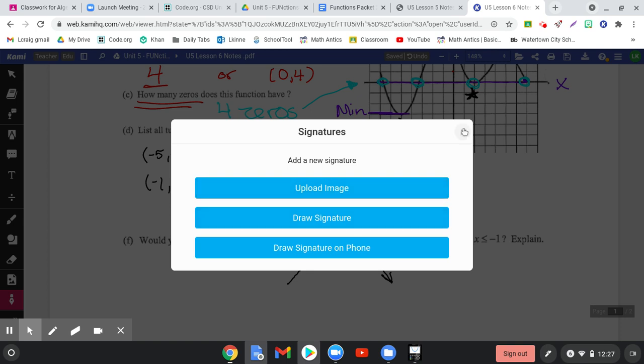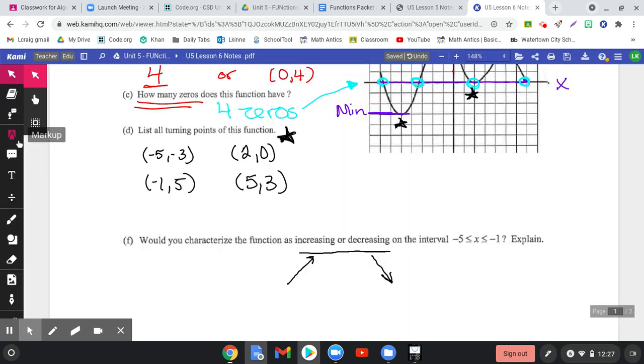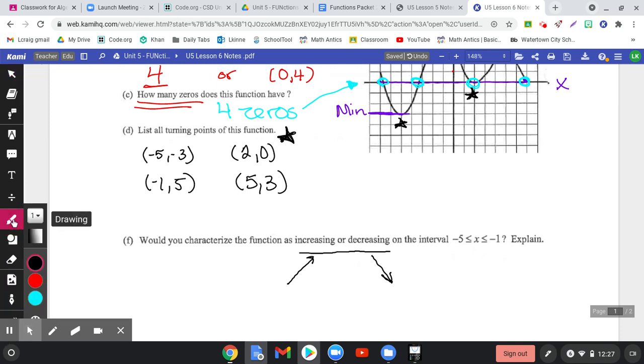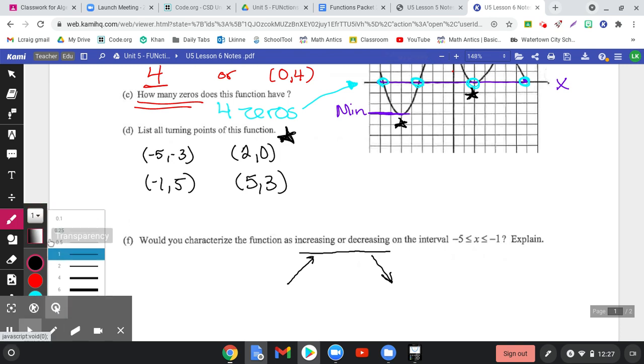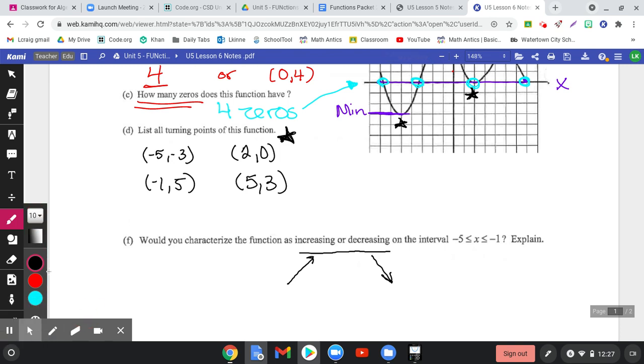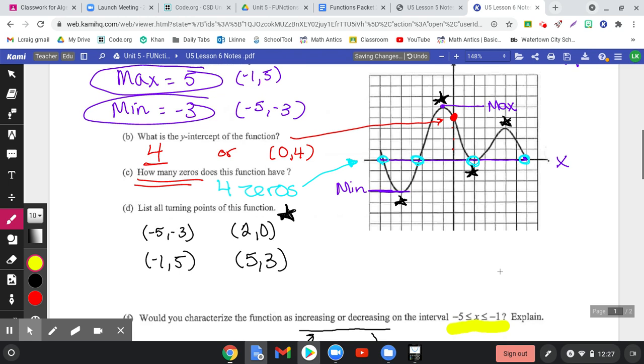Let me change up the color again. All right, so I want to look at between -5 and -1 on the x's.